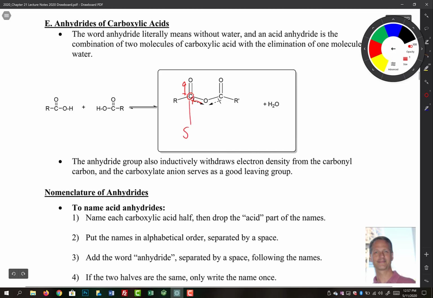And again, that leaves a nice delta plus right here. So we'll see that these are reactive just like acid chlorides are, because you have a nice delta plus being pulled there. And the other thing that we're going to see is that the leaving group for acid chlorides and anhydrides are fairly stable compared to some of the other leaving groups in our carboxylic acid derivatives.